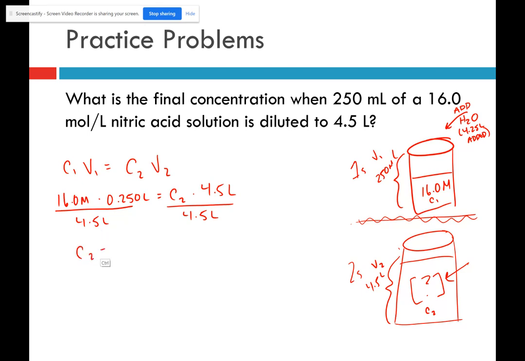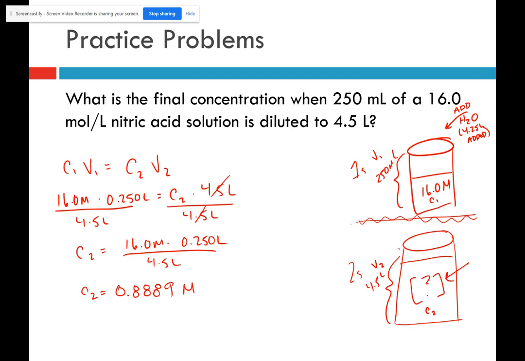So that's telling me that my C2 should be 16 moles per liter times 0.250 liters, all divided by 4.5 liters. These two liters are going to cancel each other out. If I put that in my calculator, I get C2 being 0.8889 moles per liter.